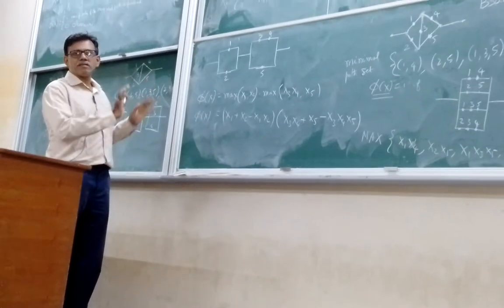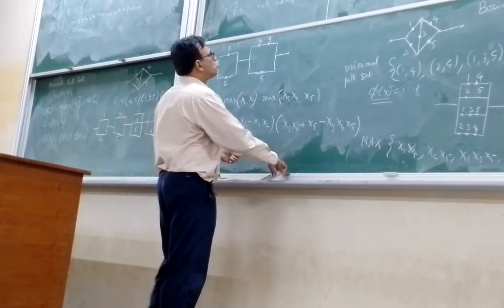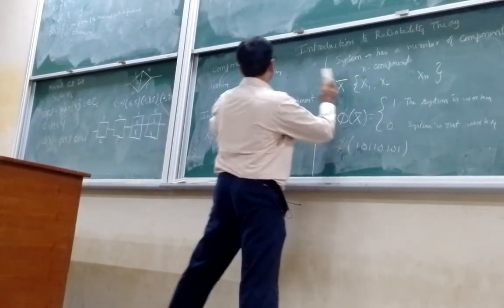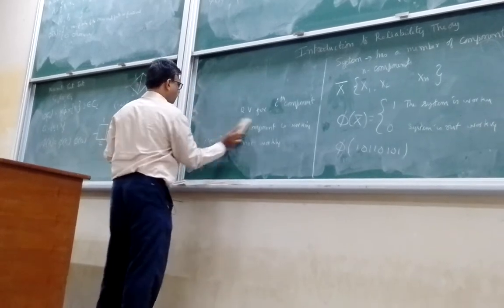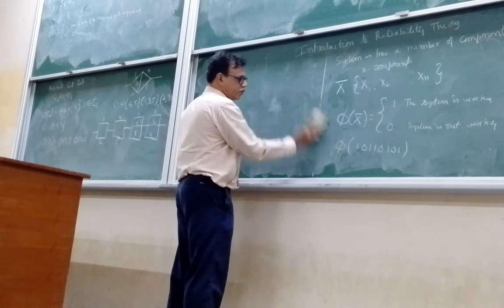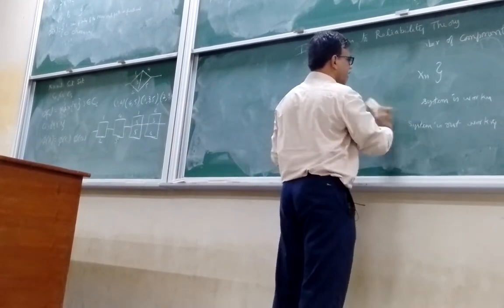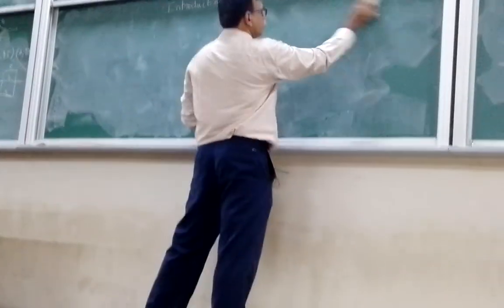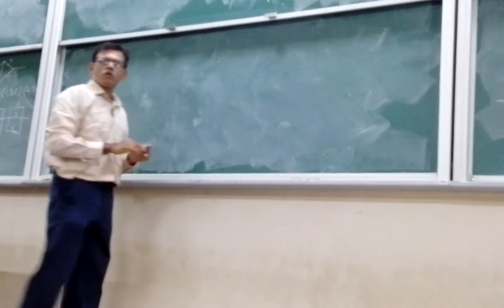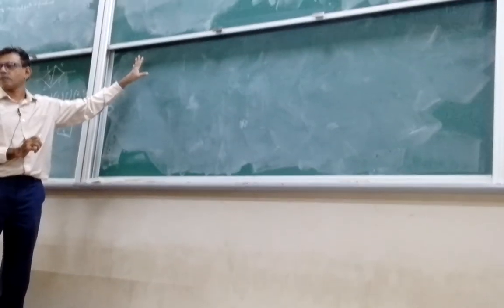Now, so far it's all about the indicator random variable and so on. Suppose you associate with each component, not the state like an indicator random variable taking 1, 0 based on the working of that component, but you want to tell, at any given time, what is the probability that the component is working.